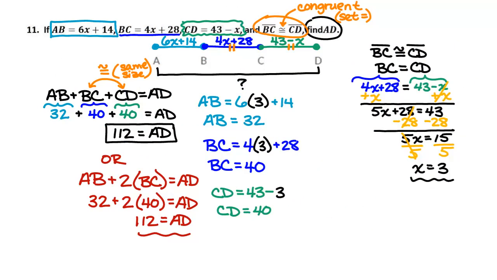So you can do it either way. You did not have to substitute in for CD. We knew it was going to come out to be 40, so we can just double it. If they're congruent, you don't have to sub in for every single piece.